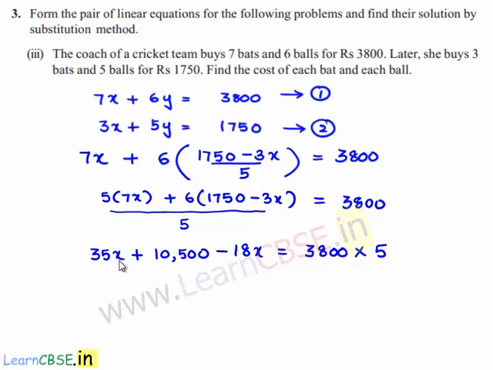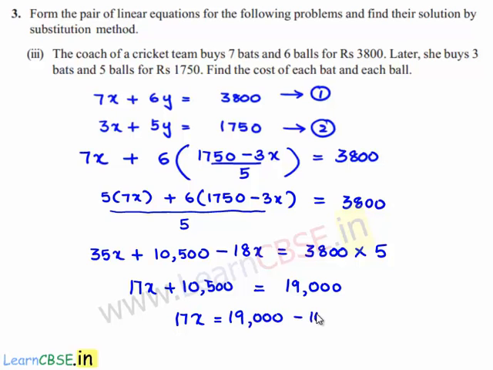So 35x minus 18x gives 17x plus 10,500 is equal to 3800 multiplied by 5 is 19,000. So transposing 10,500 to right hand side, we will be getting 17x is equal to 19,000 minus 10,500.